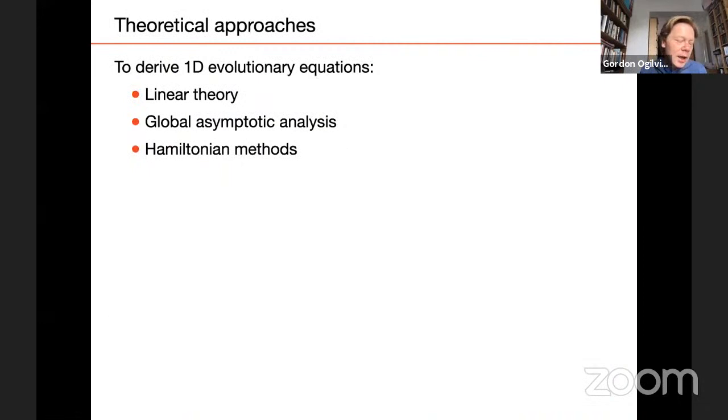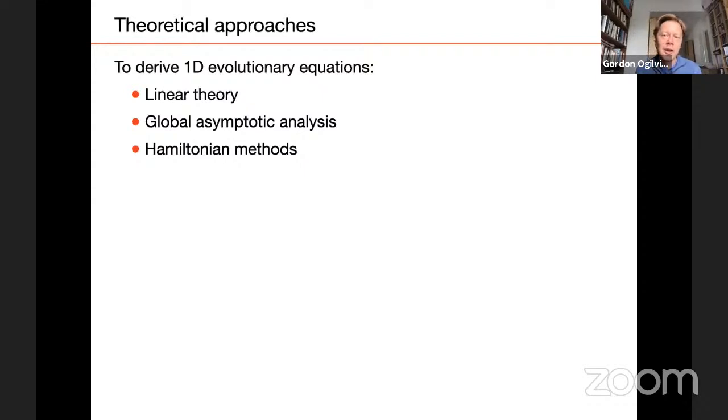Okay, well, what can we do in terms of theoretical approaches other than global numerical simulations here? There's quite a long thread of work attempting to derive essentially one-dimensional evolutionary equations describing how these systems behave. One approach is to use linear theory.